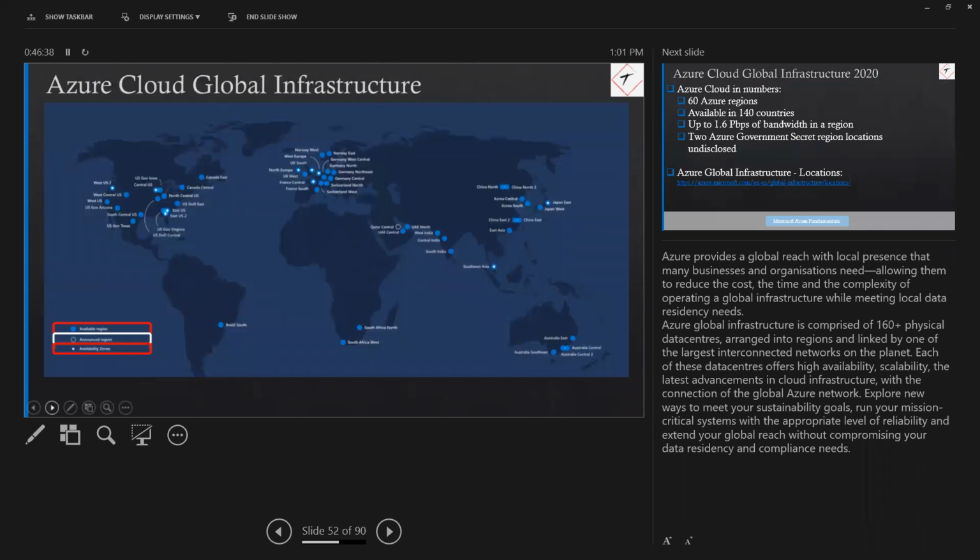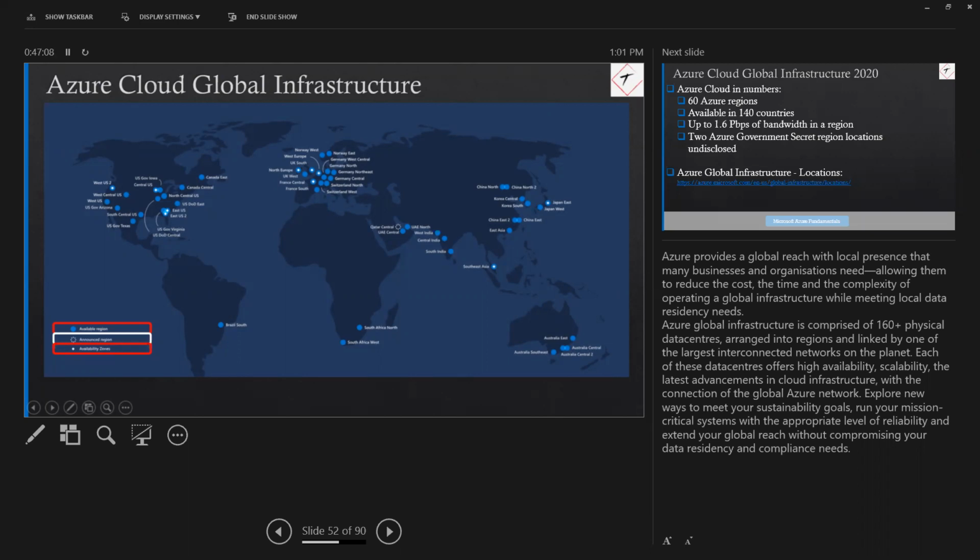So these are the global Azure regions available across the globe. You have a lot of available regions in the US, a lot of them in Europe, one in South Brazil, a couple of them in Australia, and a couple of them in India.